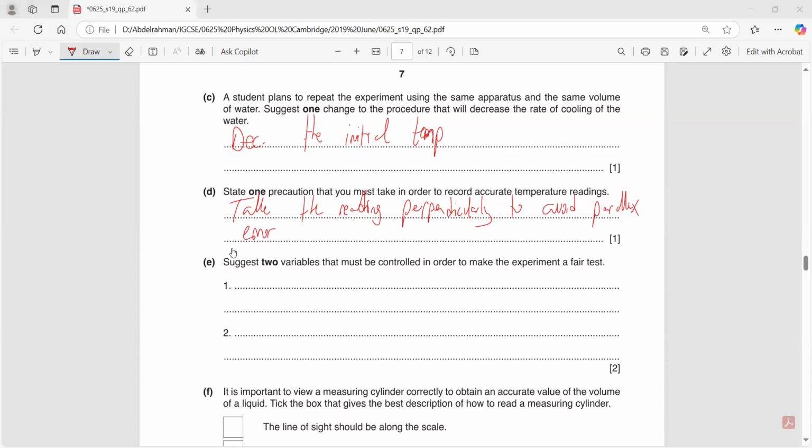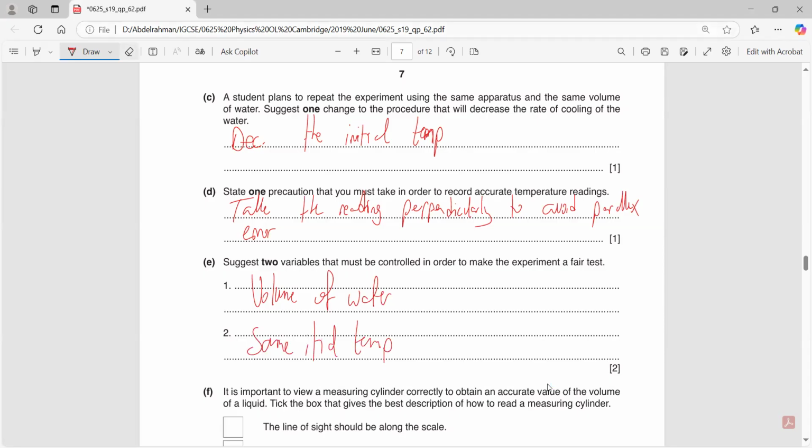Now, suggest two variables that must be controlled in order to make this experiment a fair test. What are two variables that have to be controlled? The same initial temperature.